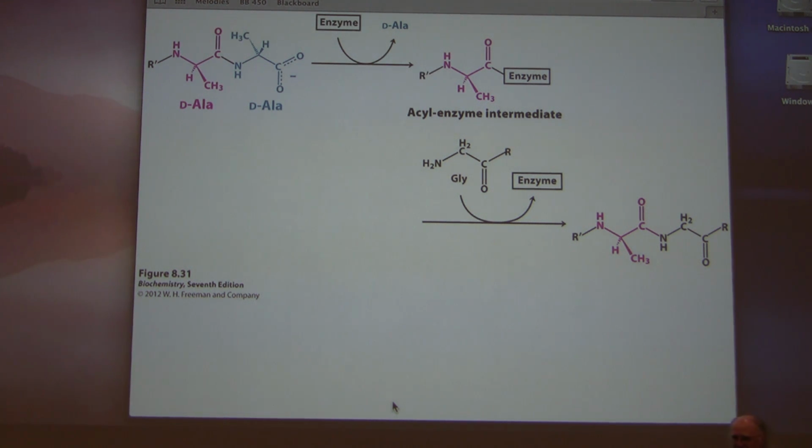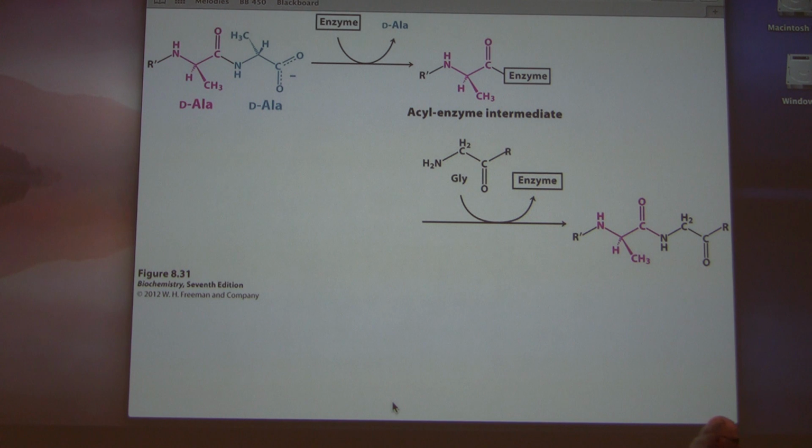So this is a specific inhibitor, and a specific inhibitor that covalently binds to the active site. A specific inhibitor that covalently binds to the active site is known as a suicide inhibitor. The enzyme commits suicide by binding to this molecule.